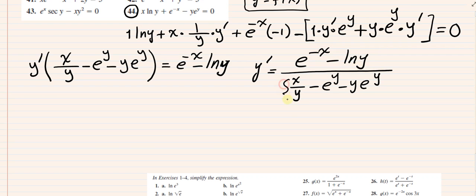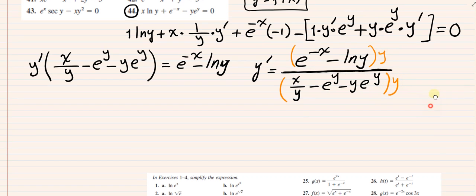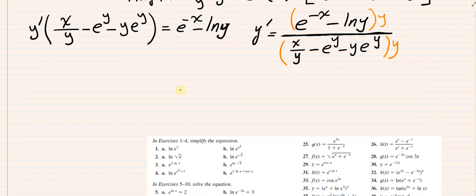Now, we do have a complex fraction. That x over y creates a complex fraction, meaning you have a fraction as a portion of a larger fraction. So I need to multiply top and bottom by y. That is to get rid of complex fractions. We're not allowed to have complex fractions in the solution.